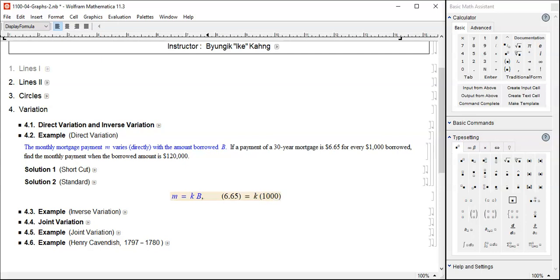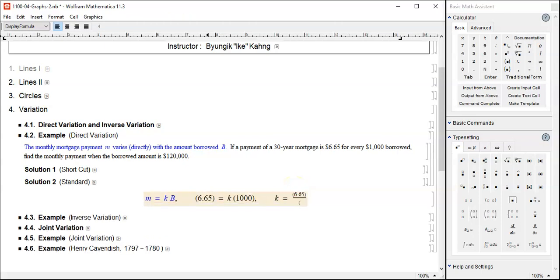So we have this version, and from here you can find what k is. It's easy. K is 665 over 1,000. And this is a simple computation. Denominator is 1,000, so all I have to do is shift the decimal digit. There you go. That's your k value.